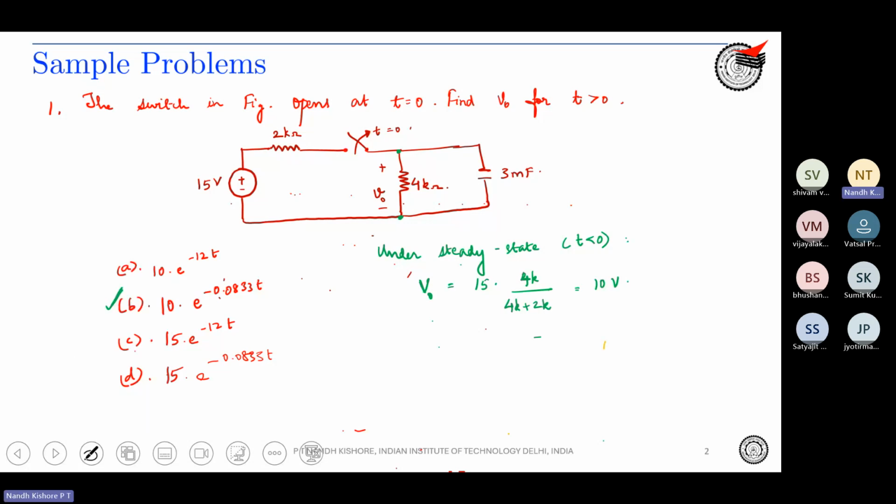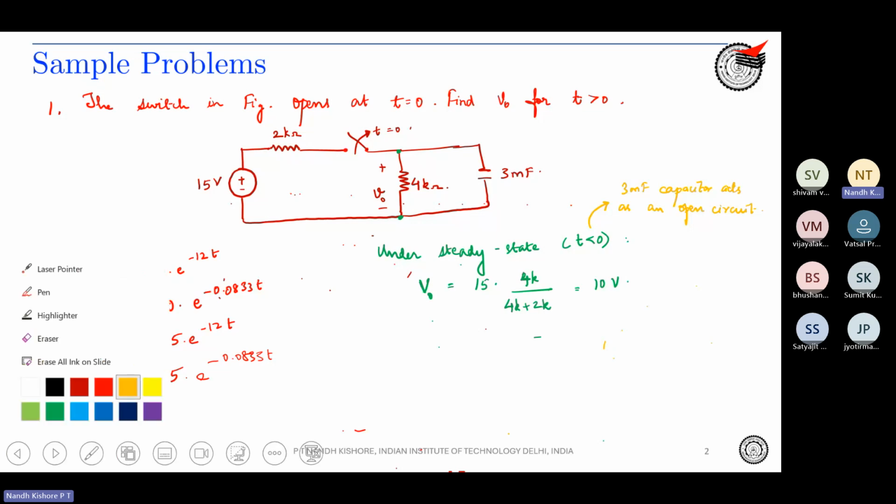So under steady state, the 3 millifarad capacitor acts as an open circuit. Therefore, the capacitor cannot be considered. You just have a 15 volt source and a potential division of 2K and 4K.